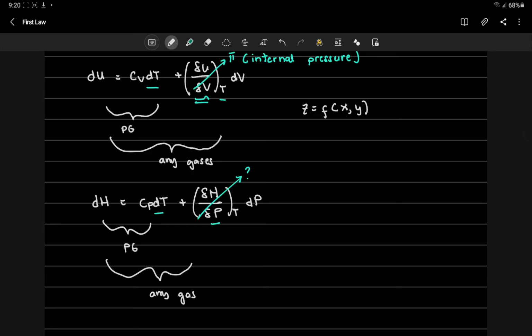Okay, so what I will do is, if I take the change in z with respect to x at constant y, and I hope you saw what I did here. So, z x y, and then I multiply it with the change in y with respect to z at constant x.